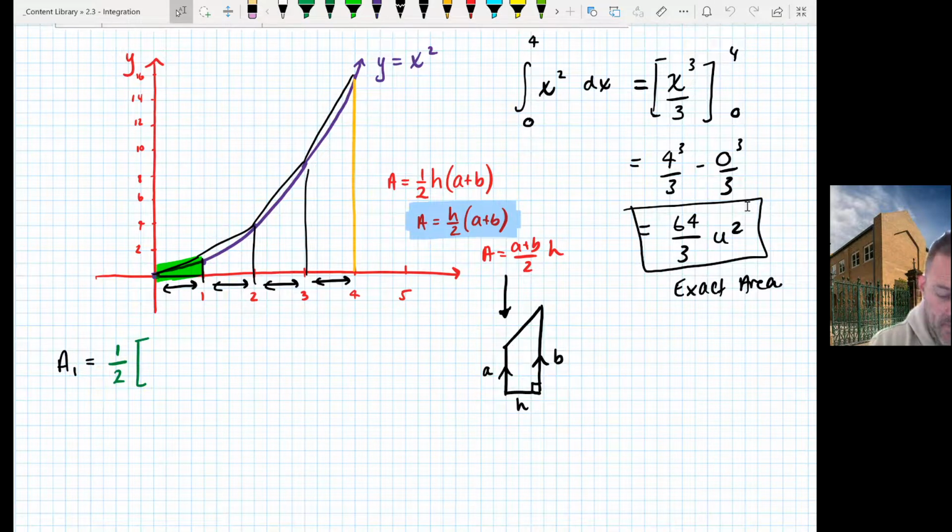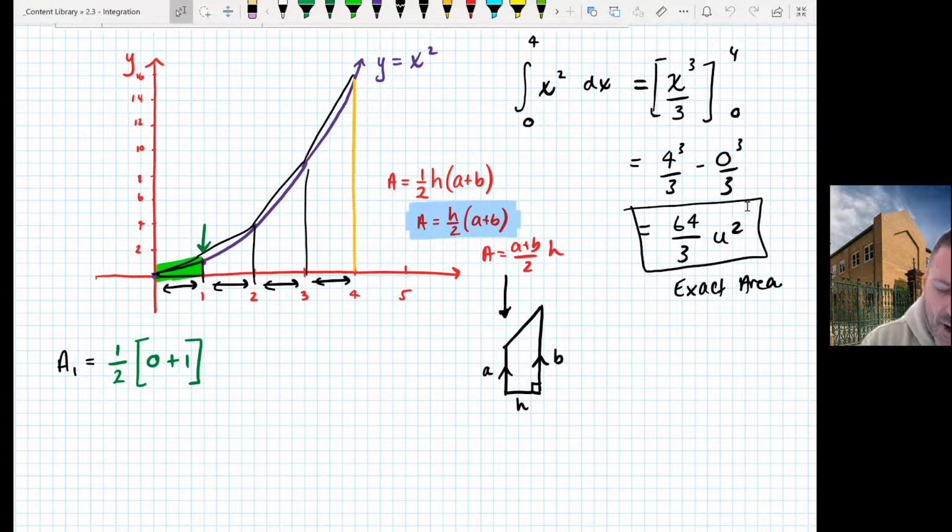Well, it starts at 0, so we know it's going to be 0. And then how do I get the height? Well, the rule says y equals x squared. Well, x equals 1, so 1 squared is simply 1. And that's the area of my first trapezium.